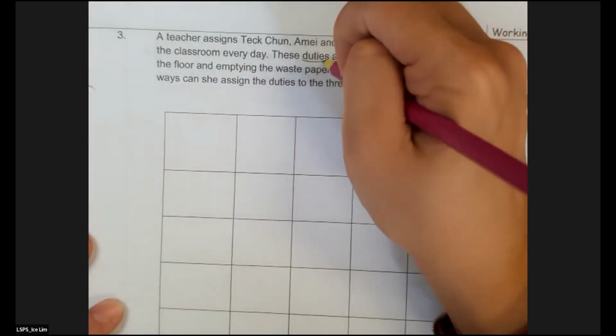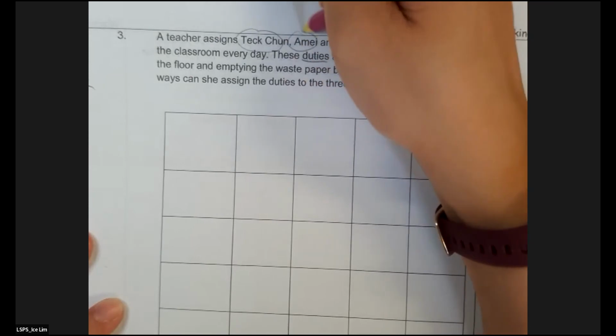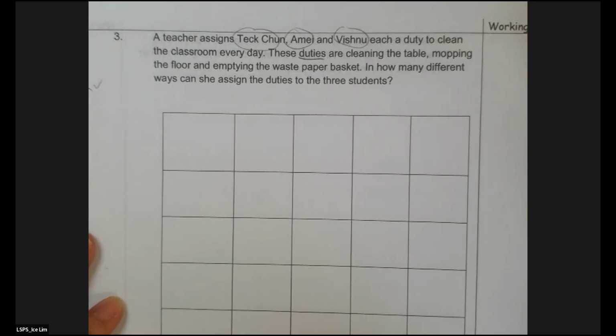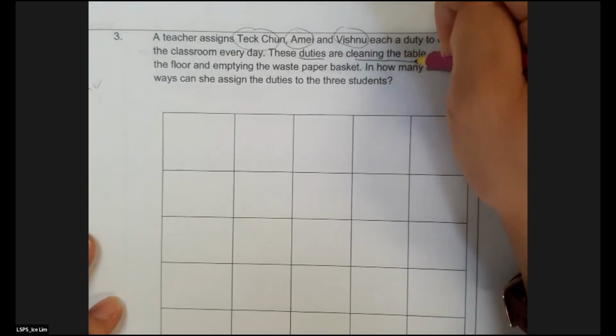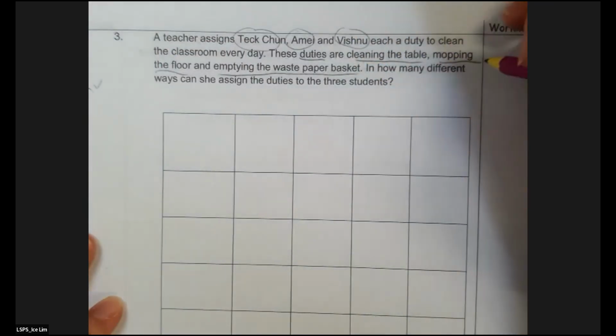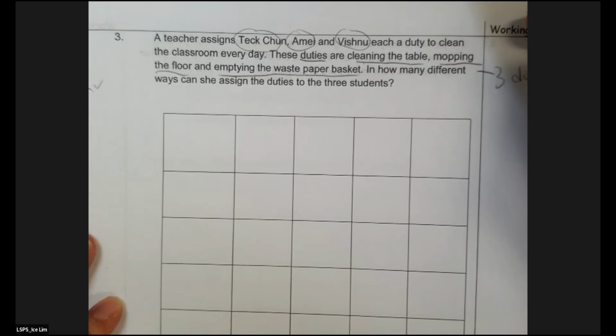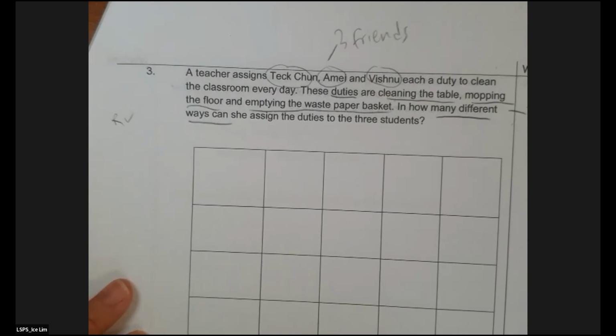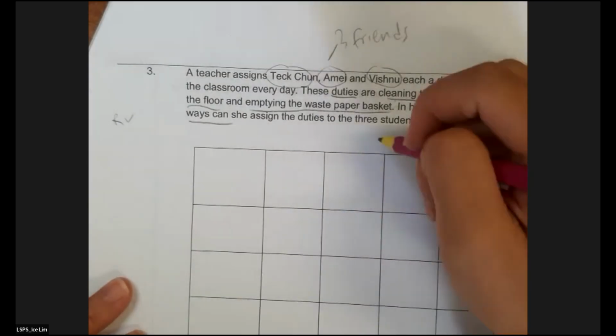So I have Tekchun, Ame, and Vishnu as 3 characters. Every day, the duties include cleaning the table, mopping the floor, and emptying the waste paper basket. So there are three duties and 3 friends. In how many different ways can she assign the duties to the 3 students?